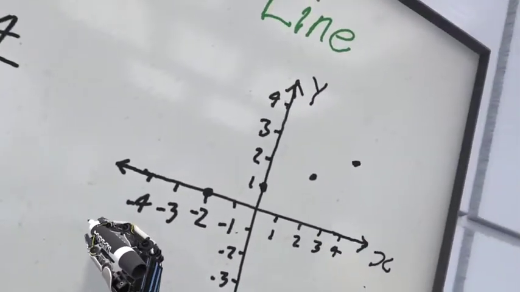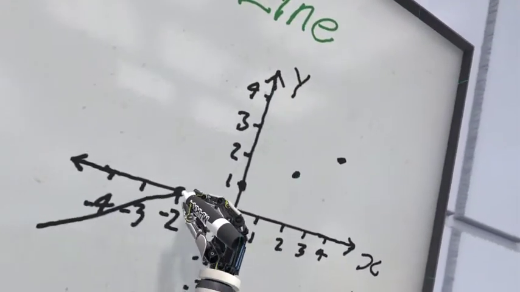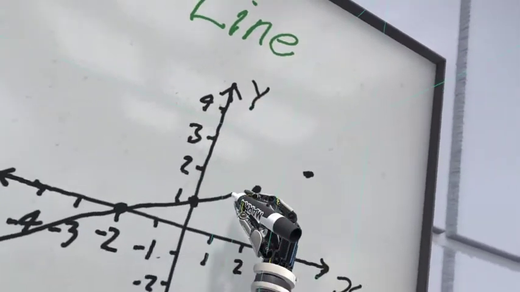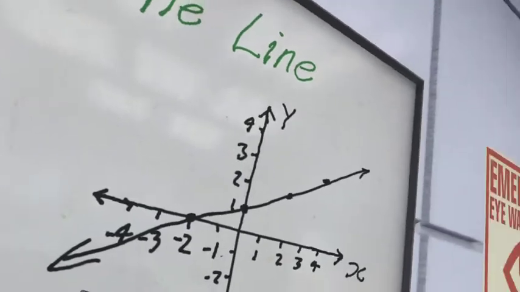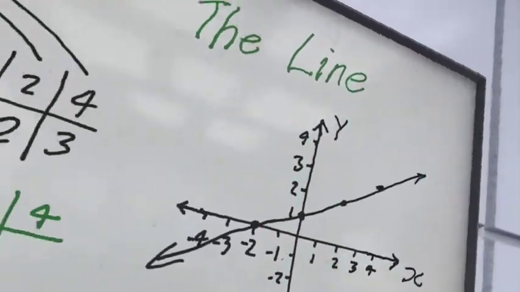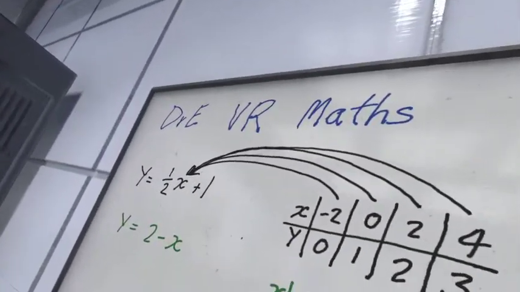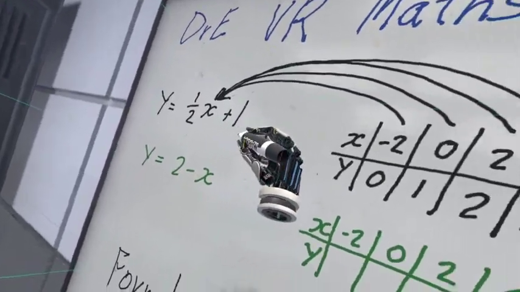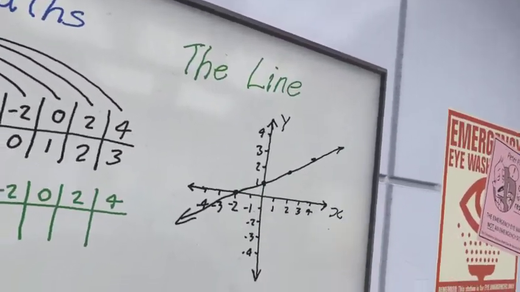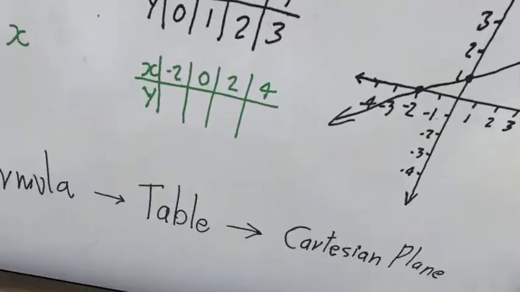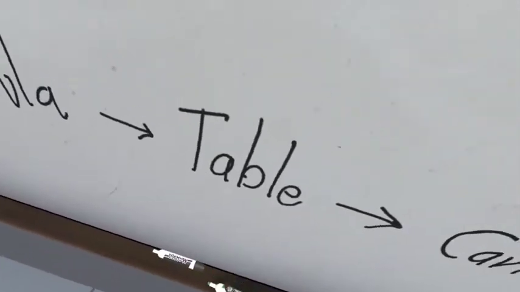See if we can get through as many dots as we can. Not very straight, pretty close. You get the idea. There's the line represented by that equation. So we've gone from formula to the table to the Cartesian plane.